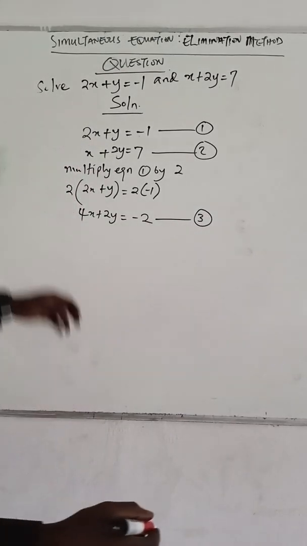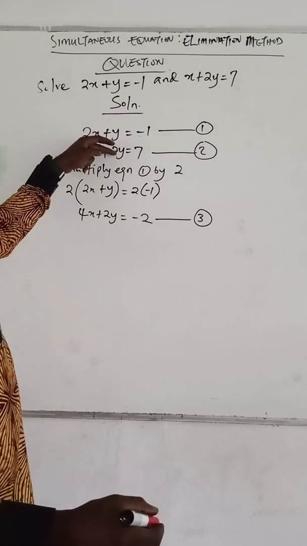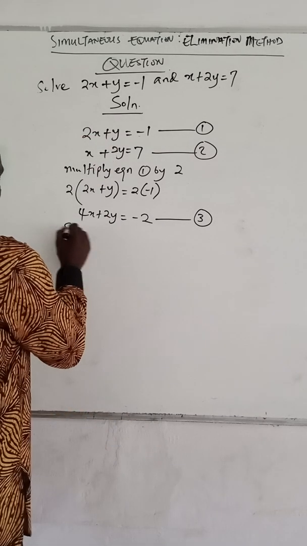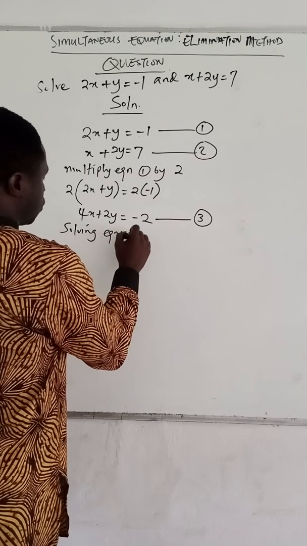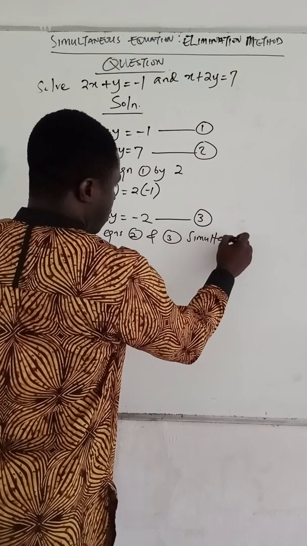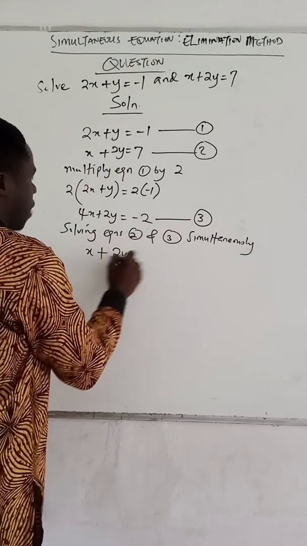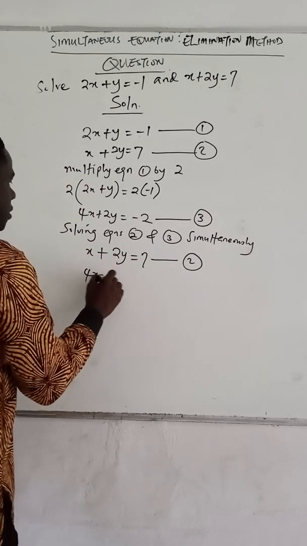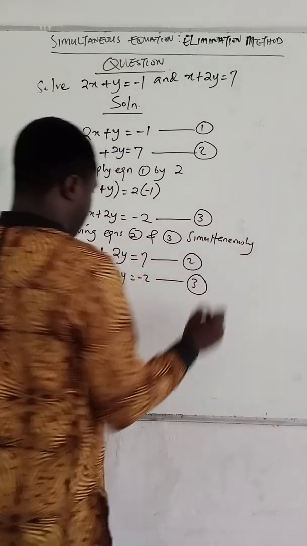We can then solve equations 2 and 3 simultaneously, because in this case the coefficients of y are now the same. We'll have x plus 2y equals 7, equation 2, and 4x plus 2y equals minus 2, equation 3.